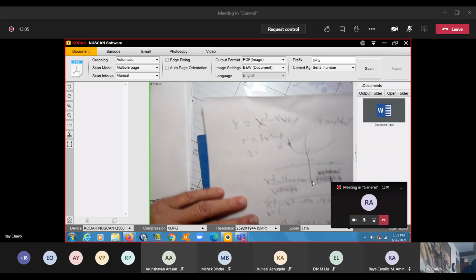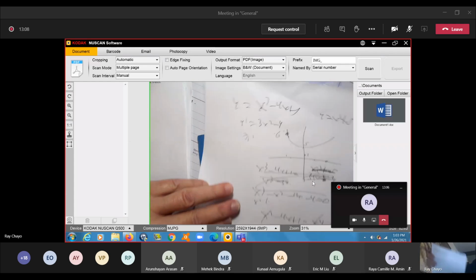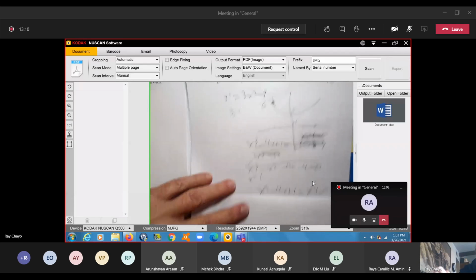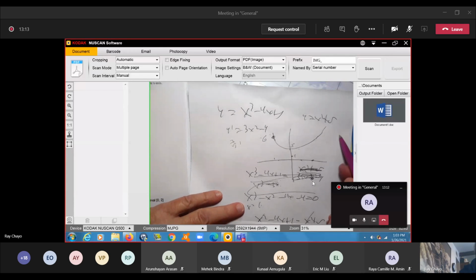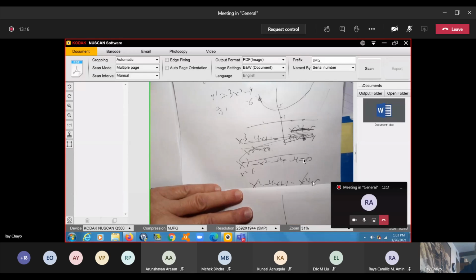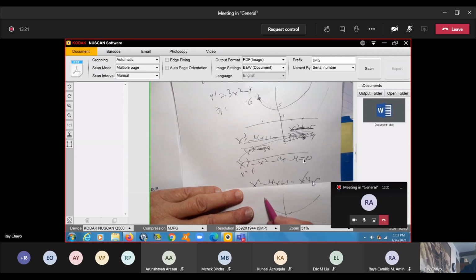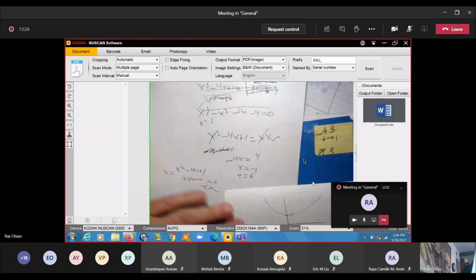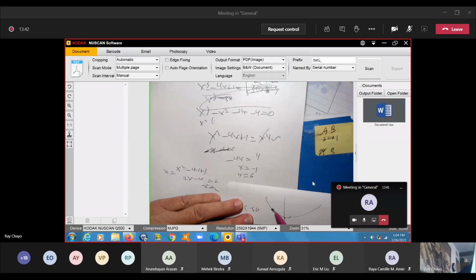So this graph, I'm going to do another piece of paper, apparently is going to go up like that. The two graphs only meet in one place, at negative 1, 6. And this graph is down here. When x is 0 on that graph, y is 1.